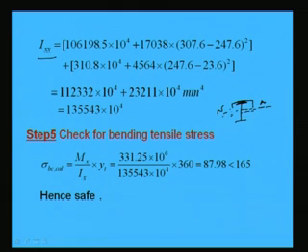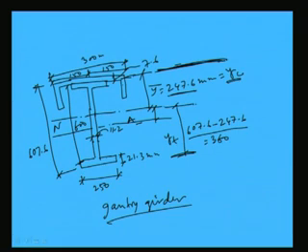Because of shifting, what we are doing? I x x will be I x x about its own axis plus area into r square, because of shifting. The r value will become how much? 307.6 minus 247.6. How? If we see the diagram, this total distance is 300 plus 7.6, that means 307.6, and this is 247.6.